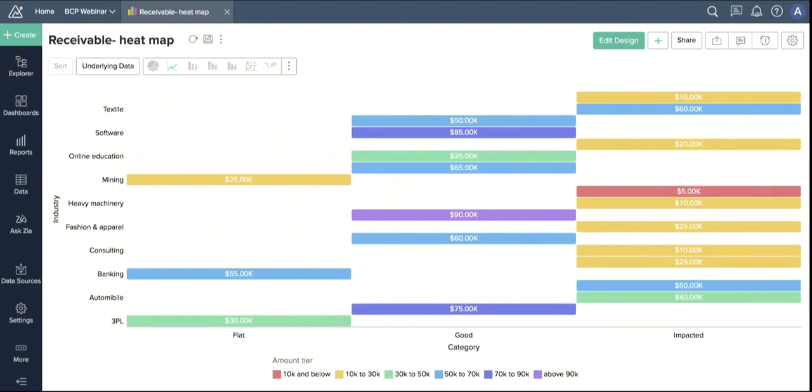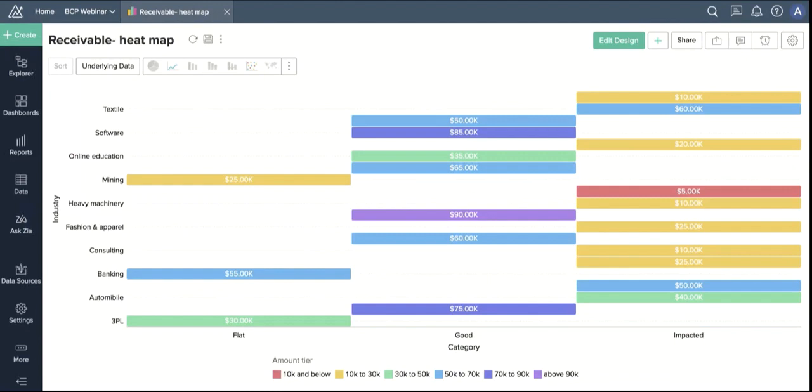Now, using a heat map, I have been able to tag these industries as flat, meaning industries which were not highly impacted by the pandemic but are performing pretty flat. The second bucket is good, where these industries are probably performing during this pandemic. And the third category of industries are those which have got impacted.